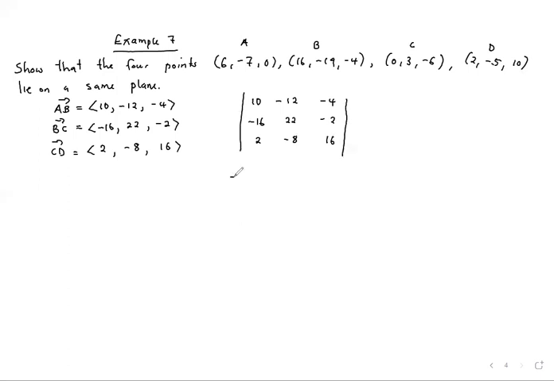What's the determinant? We pick 10, you cut here, you cut here. You have 22 by 16 minus negative 2 by negative 8, and then minus 12. You cut here, you cut here. You have negative 16 by 16 minus negative 2 by 2.